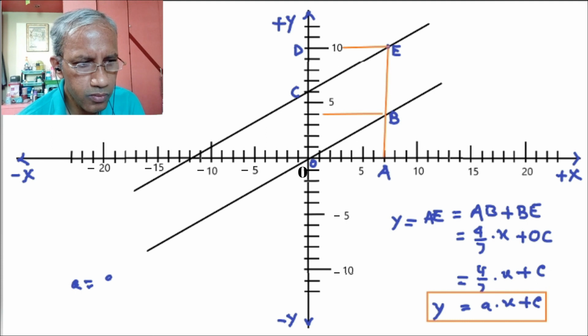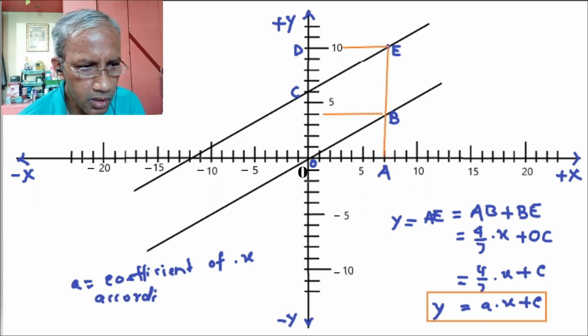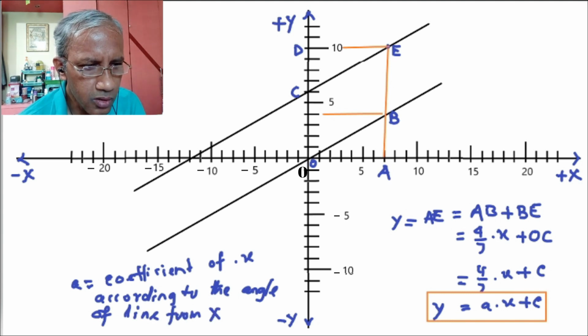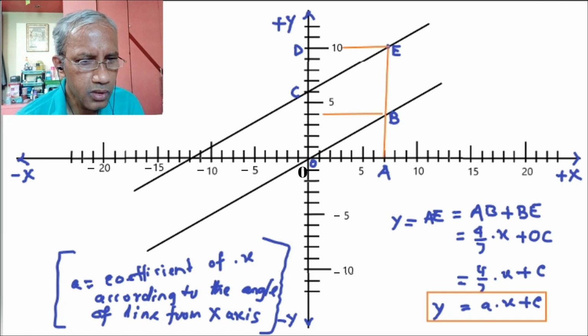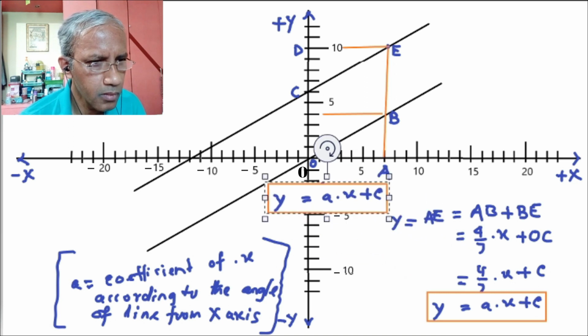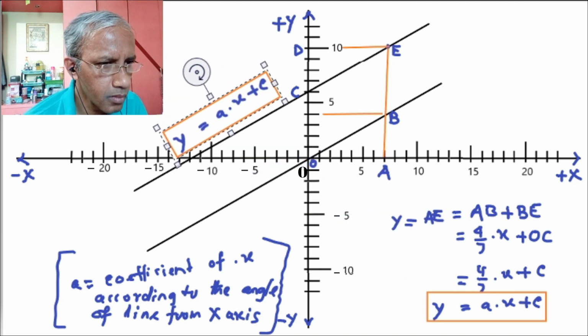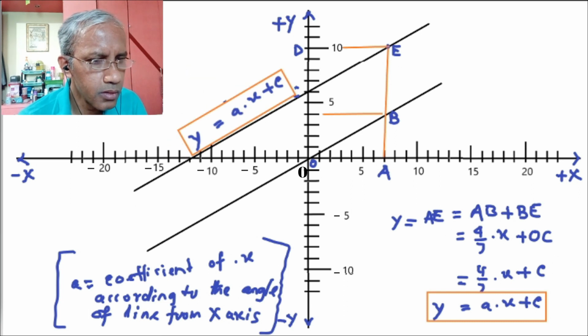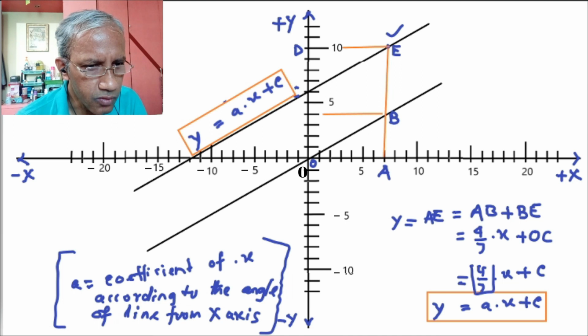a is equal to the coefficient of x according to the angle of the line from the x-axis. So the generalized formula is this. So in this case, we can write for the line y is equal to ax plus c. For this particular line, a is equal to 4/7.